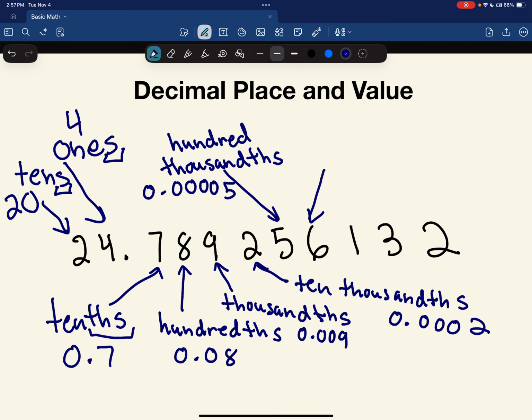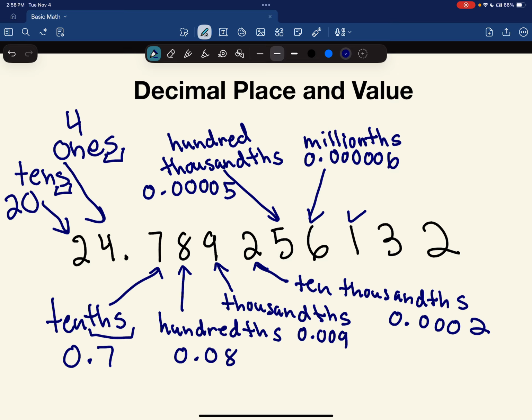Now the 6, this digit 6 is in the millionths place. And it has a value of 0.000006, or 6 millionths. Once again, the 7, 8, 9, 2, and 5, which are in between the decimal point and 6, these all became zeros.